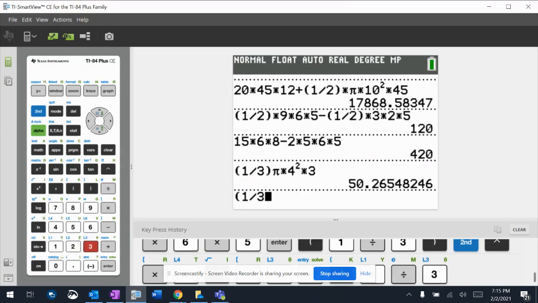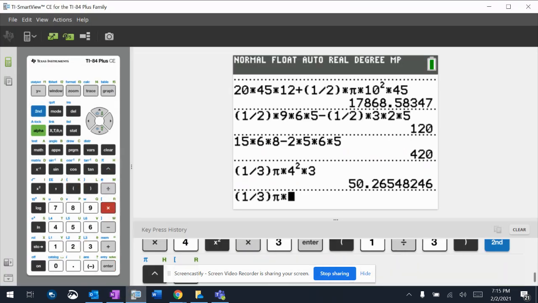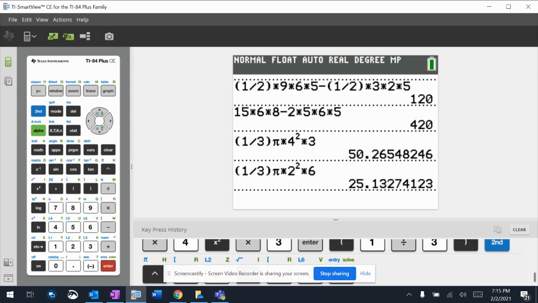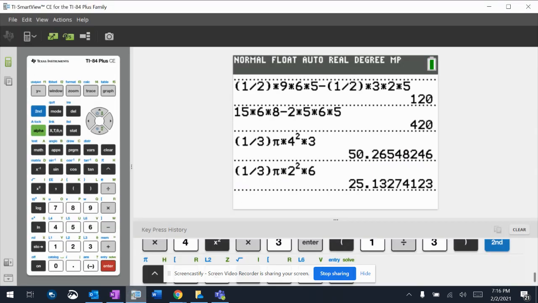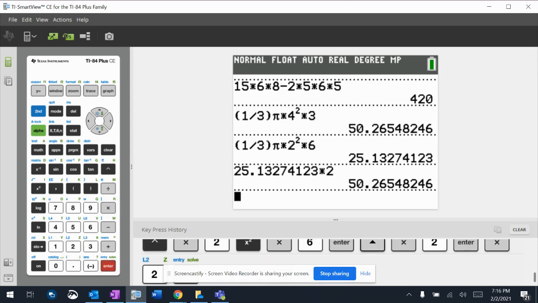So 1/3 times pi times 2 squared times 6. 25.13 and so on. Okay, now look at those. Looks to me like it's about double. Let's see if it is. Times 2. Whoops. Times 2 is 50.26 and so on.